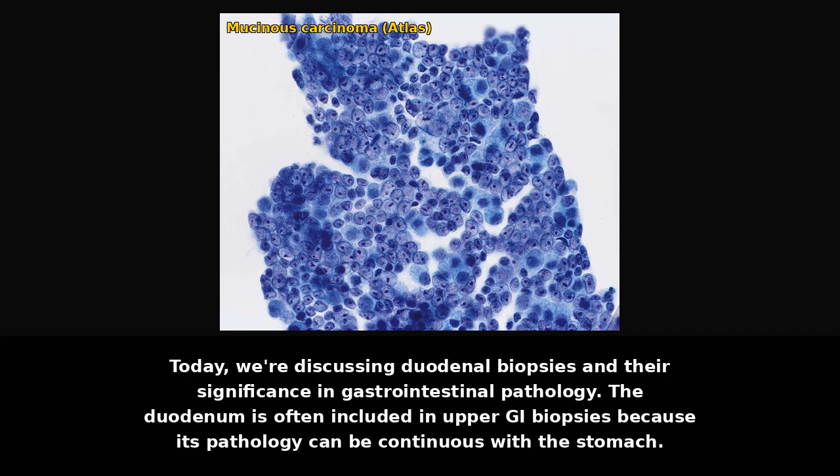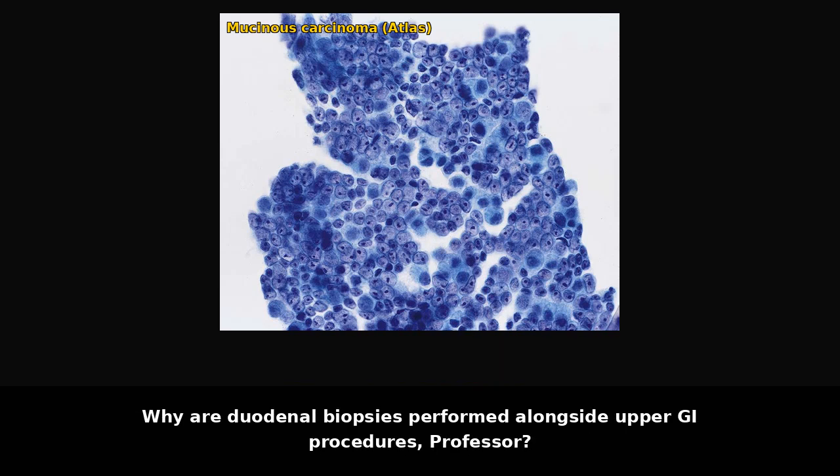Today, we're discussing duodenal biopsies and their significance in gastrointestinal pathology. The duodenum is often included in upper GI biopsies because its pathology can be continuous with the stomach. Why are duodenal biopsies performed alongside upper GI procedures, Professor?